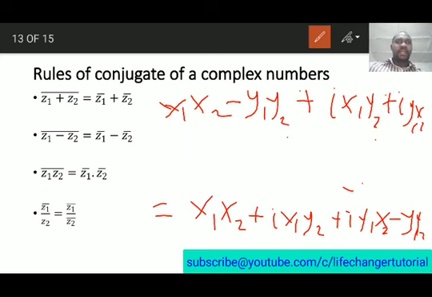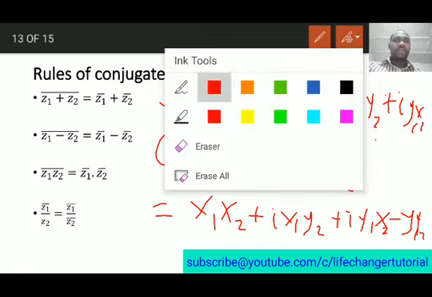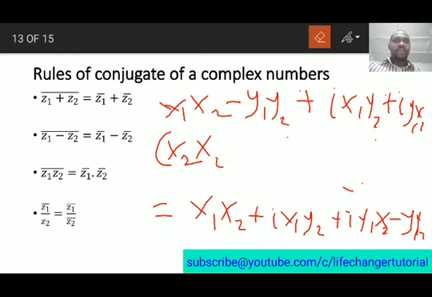Okay, that's exactly what we have. So if you put them in brackets, you're going to get x1 x2 minus y1 y2, plus i into x1 y2.